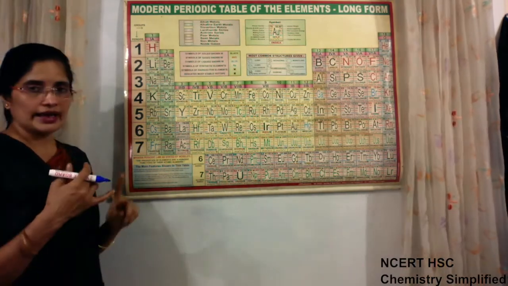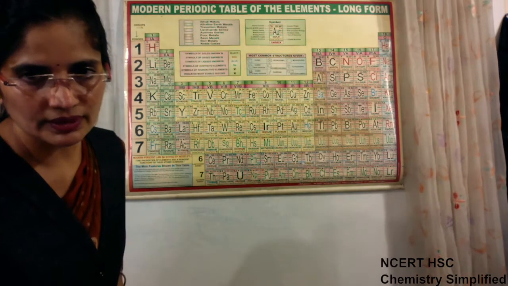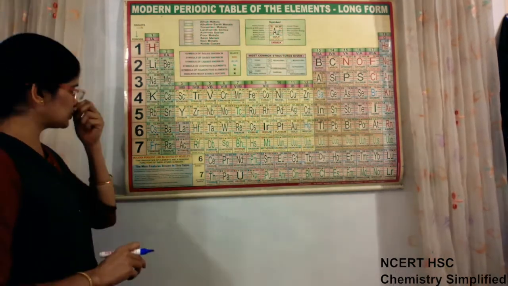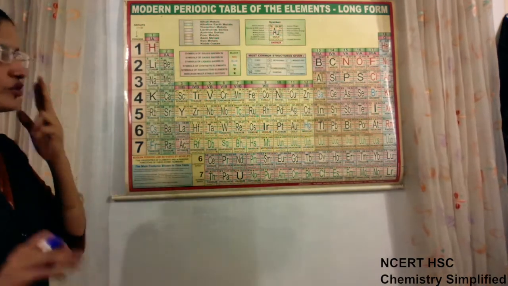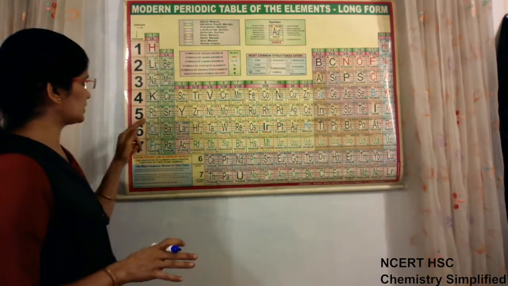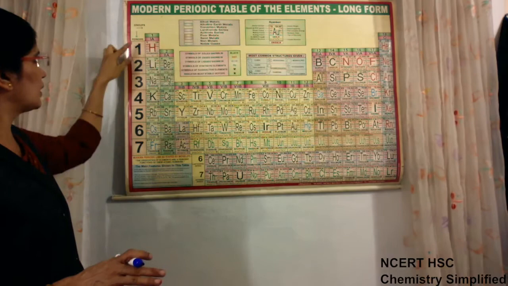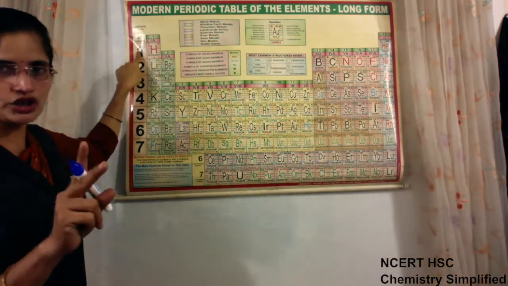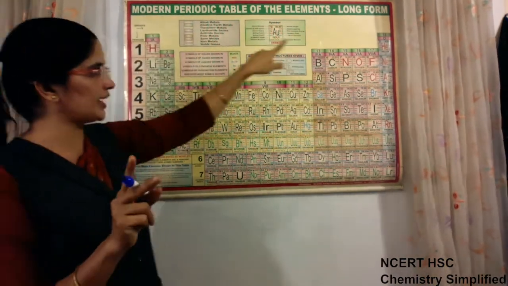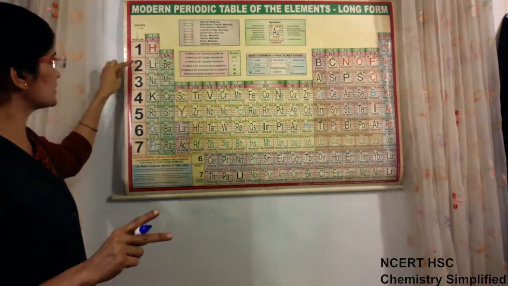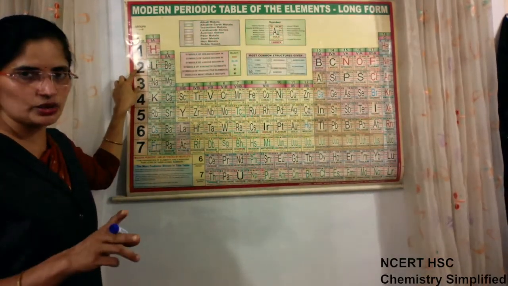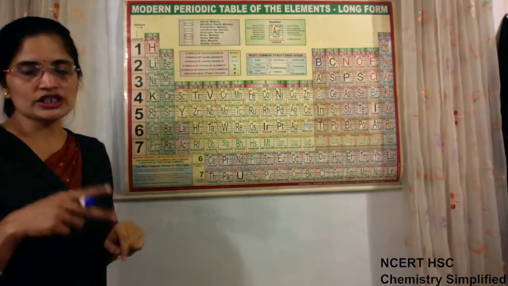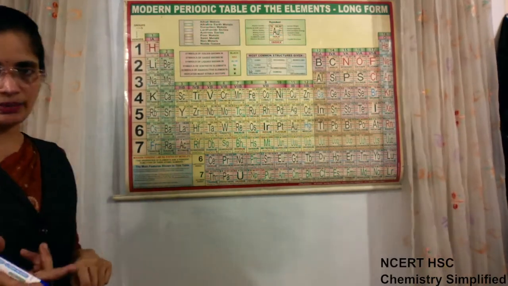The existence of F orbital or F subshell begins from the 6th and 7th period. So you have to remember in the periodic table that period number 1 has only 2 elements, hydrogen and helium. Periods 2 and 3 have only 8 electrons filled in 2s, 2p and 3s and 3p.